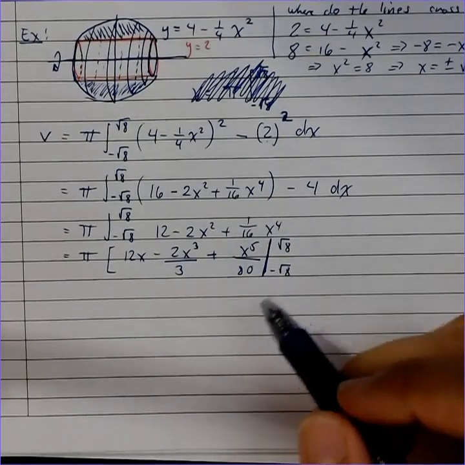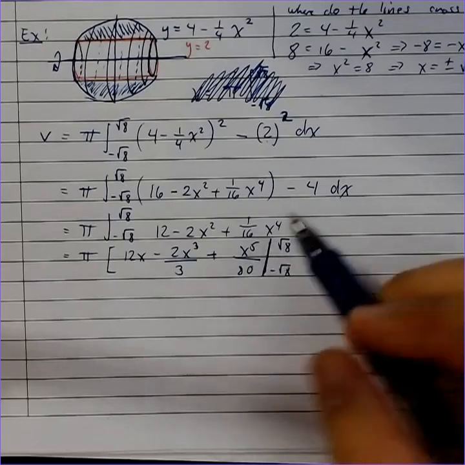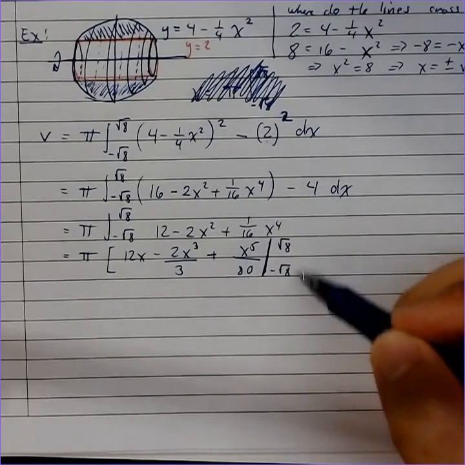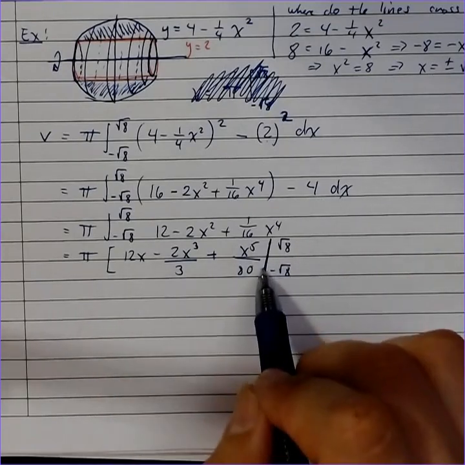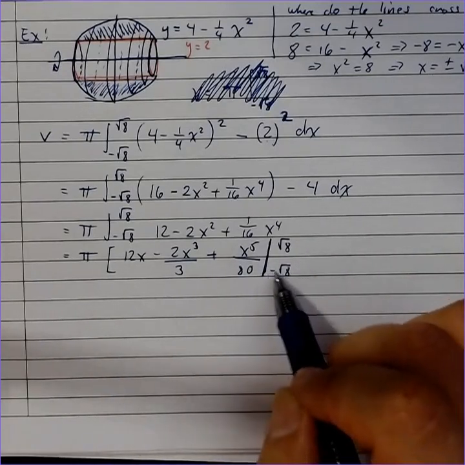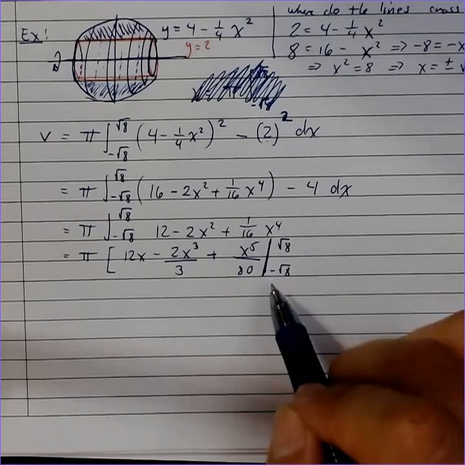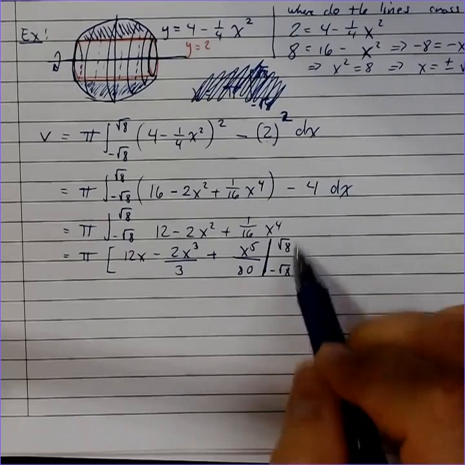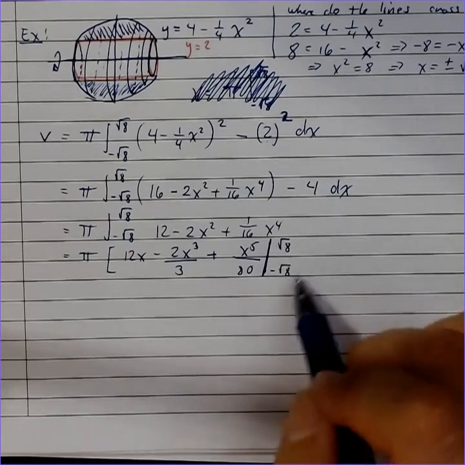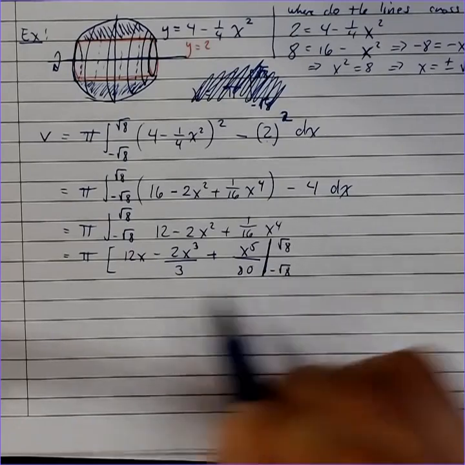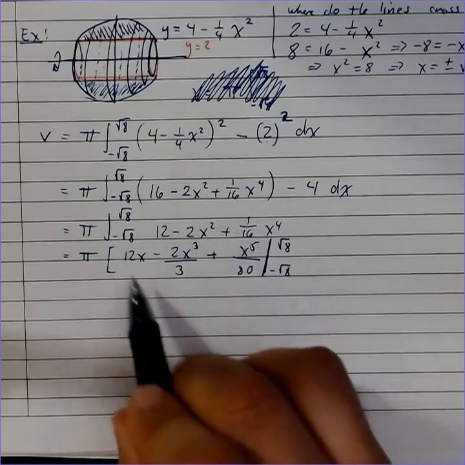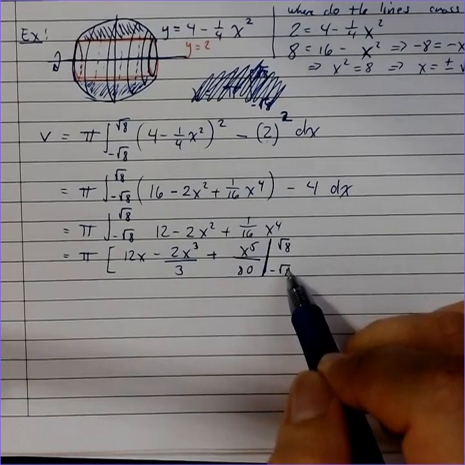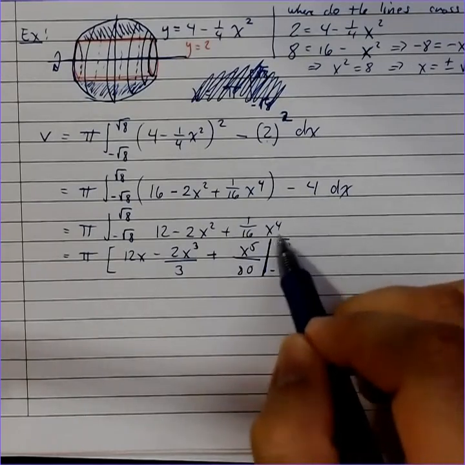Now, one thing you may remember from Cal 1, and that's whenever you are integrating with symmetric boundaries across an odd function. Here, if we're saying this is negative root 8 up to root 8, or negative 5 to 5, or negative 1 to 1, or really, as long as you have these symmetric around 0, one positive, one negative, if you're evaluating an odd function with these values here, that's just going to be double what you get if you evaluate it at the top one.